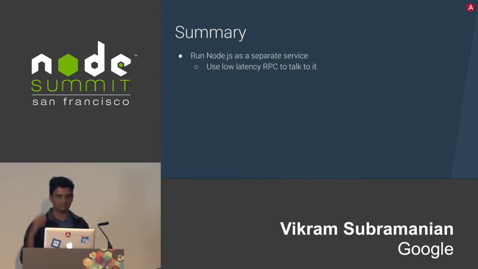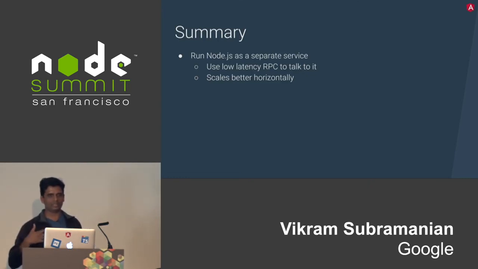We just use low latency RPC to talk to it, and you're fine. And having a separate service actually lets you scale better horizontally and separately from your front-end server. So compared to things like embedding your Node.js into a Java server, I'd say just keep it as a separate instance and you are much better off.